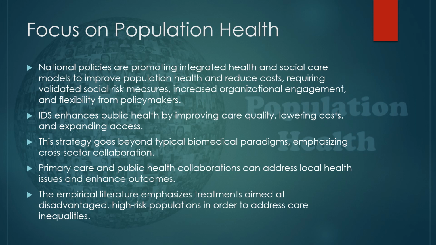This strategy goes beyond typical biomedical paradigms, emphasizing cross-sector collaboration. Primary care and public health collaborations can address local health issues and enhance outcomes. The empirical literature emphasizes treatments aimed at disadvantaged high-risk populations in order to address care inequities.